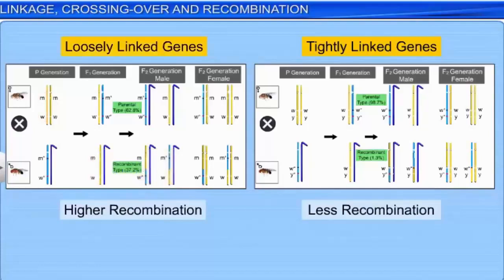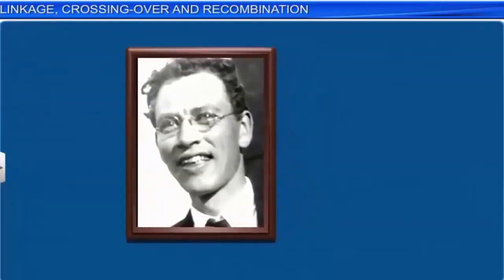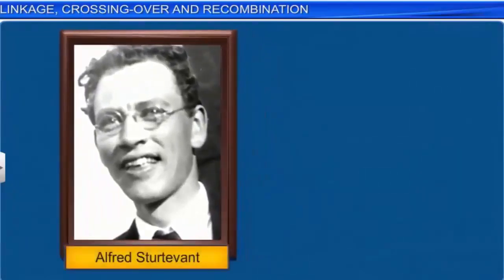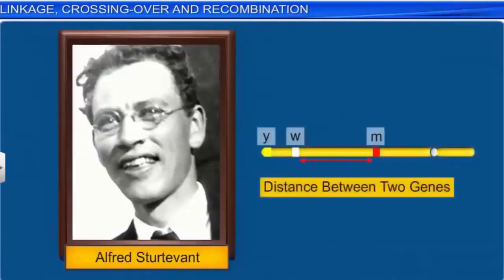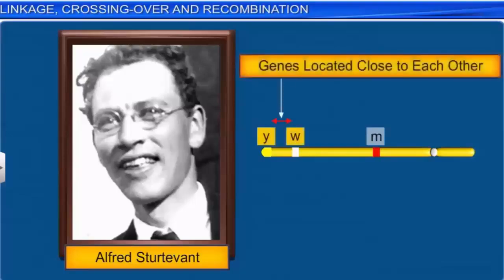This linkage and the frequency of recombination of genes on the same chromosome were used by Morgan's student Alfred Sturtevant as a measure of the distance between genes to map their position on the chromosome. For instance, in the experiment we just saw, it is only through mapping that we learnt that genes y and w were located close to each other, and genes y and m were farther apart.